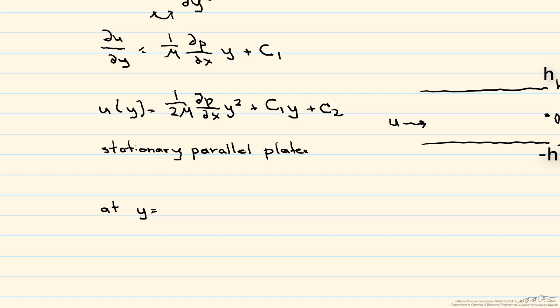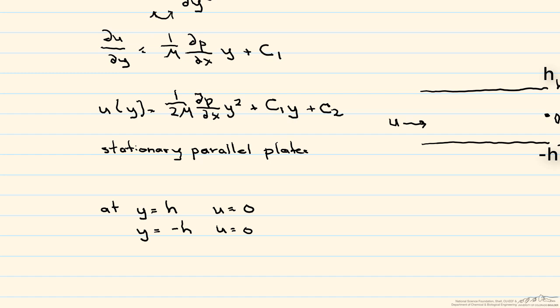So at y equals h, we know that u has to be equal to 0 because the plate is stationary. In addition, at y equals minus h, again, it's stationary, so our u has to be equal to 0.